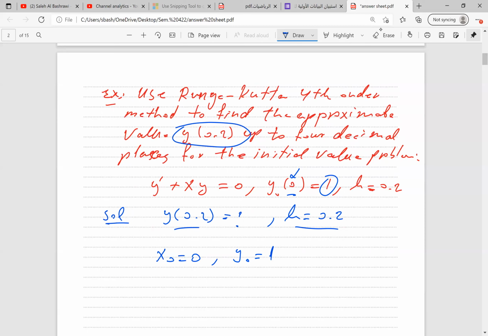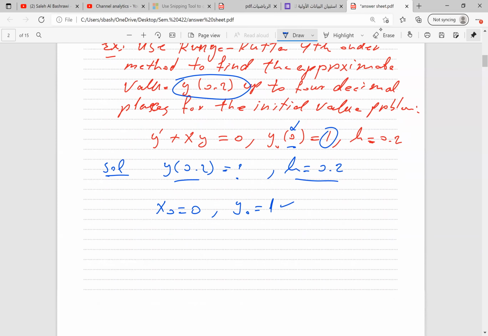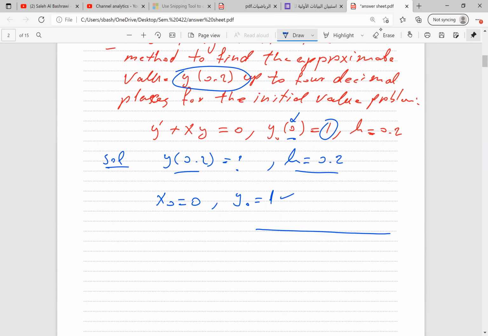So in our first step, x sub 0 equal to 0 and y sub 0 equal to 1 are given in the problem. H equals 0.2. Now for y of 0.2, we are moving from 0 to 0.2, and we need to find the value at this point.